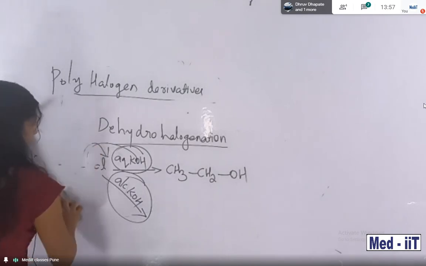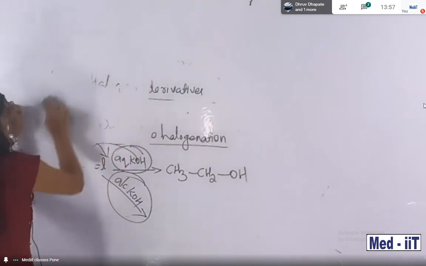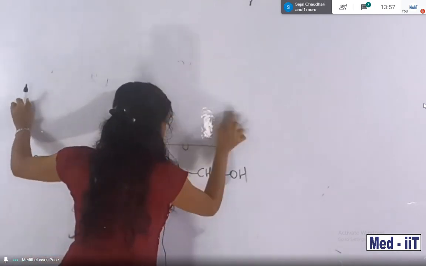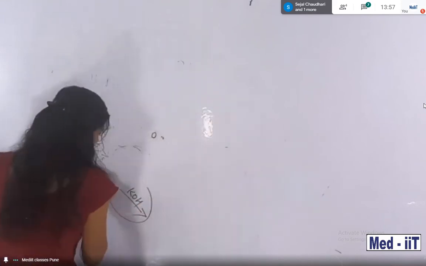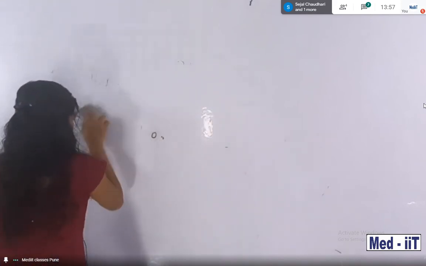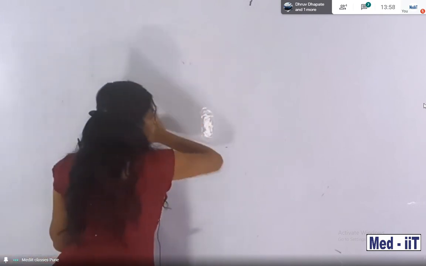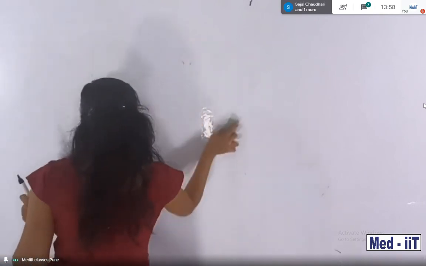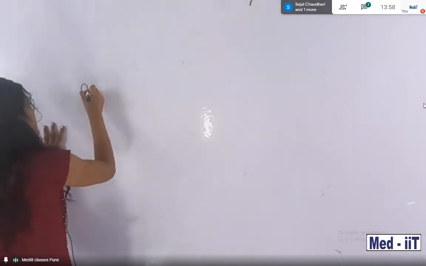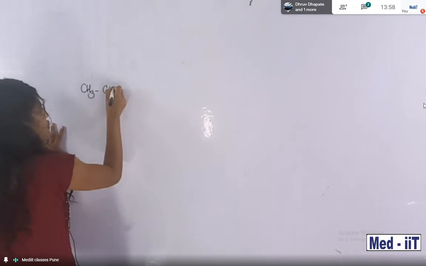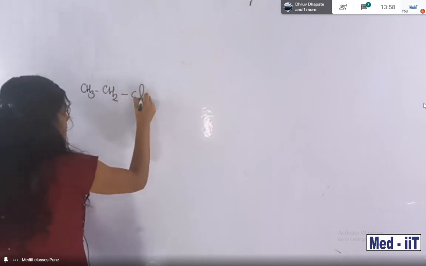We can rewrite again. Here, space is there. CH3CH2Cl.